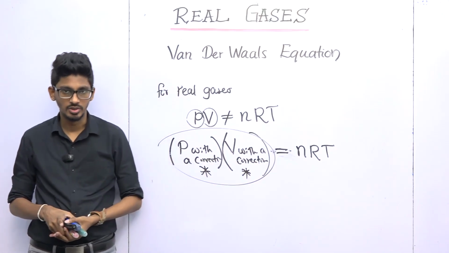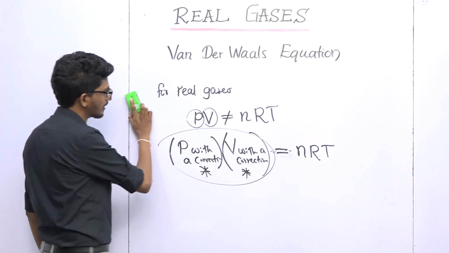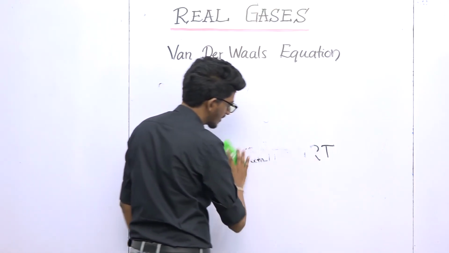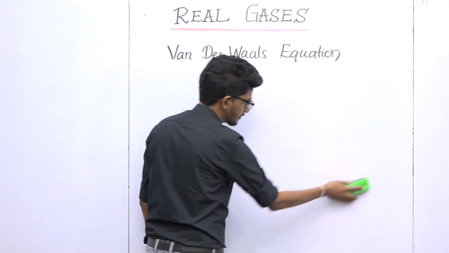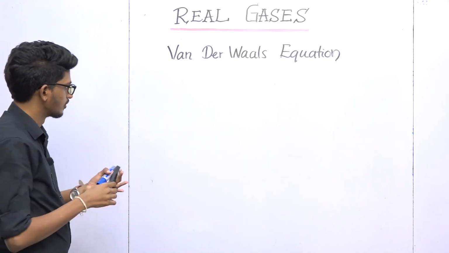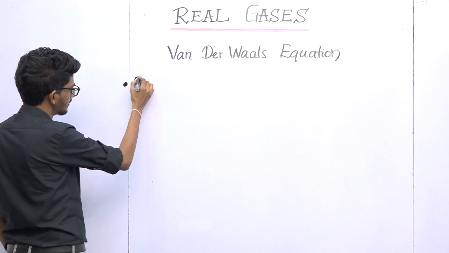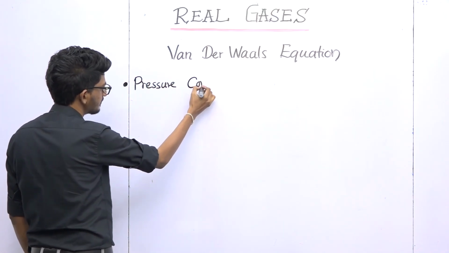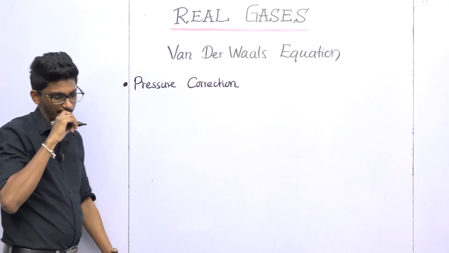That is what we are doing here as the Van der Waals equation. So first of all, let's discuss the pressure correction, the need for it, and the correction itself.